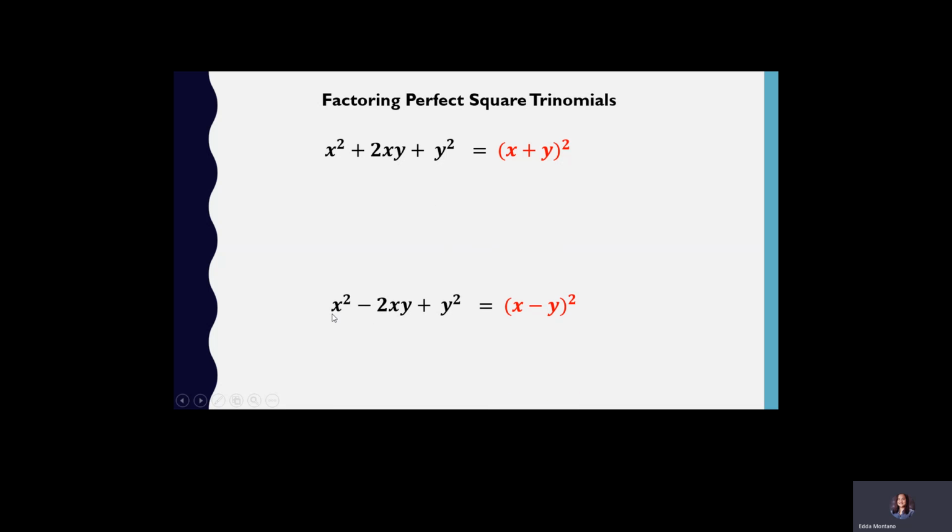Technically, the first term and the last term in the perfect square trinomial are positive, so you have to verify the middle term. If the sign of the middle term is positive, follow that sign. If the sign of the middle term is negative, then you make use of this one, okay? So, these are the forms of the perfect square trinomial and the factored form, okay? So basically, this will be your answer.